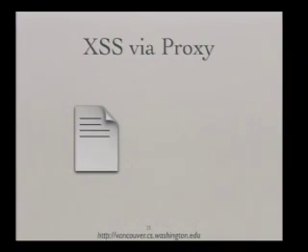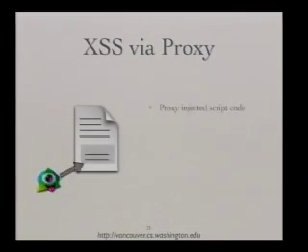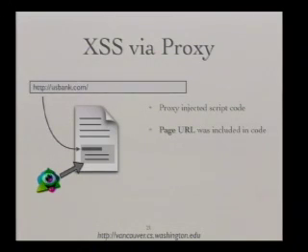OK, so how did this cross-site scripting vulnerability work? Well, in the normal course of execution, these proxies would inject a piece of script code into every web page, or most pages, that was designed to look for ads and strip them out, or similar annoyances. Now, as part of that code, it happened to include the full URL of the page in a JavaScript comment or in a string or something like that.